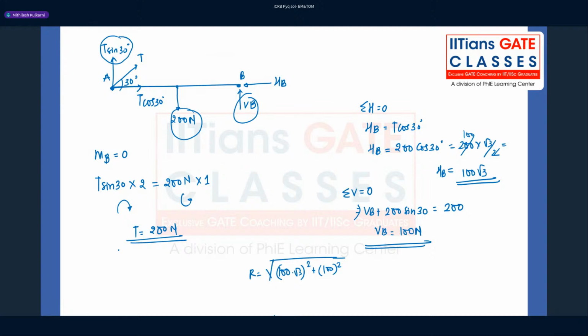So 100 square, if you take common, it will be 100 outside the root, and in between we have root 3 square, which is 3. 1 square will be 1, so it will be like under root 4, which is 2. It will be 200. So 200 Newton is the resultant force, and the angle they are asking.